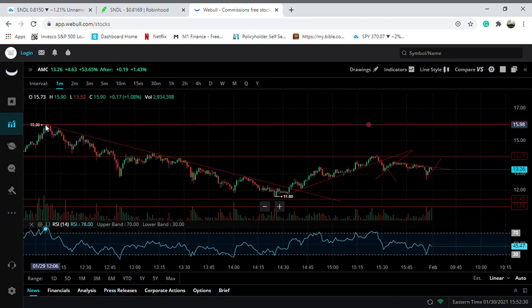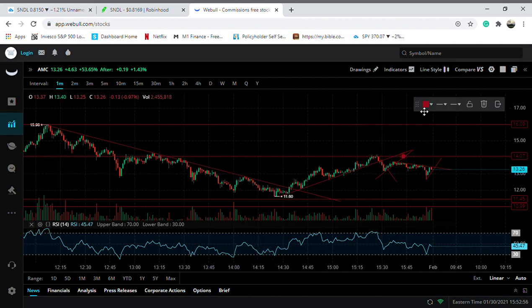As you see here, you have lower highs, 1, 2, 3, 4, 5. It kind of broke it, bounced back down, and it kind of just went straight up. Now this is your resistance line here. Okay, this is your resistance line that's coming down.